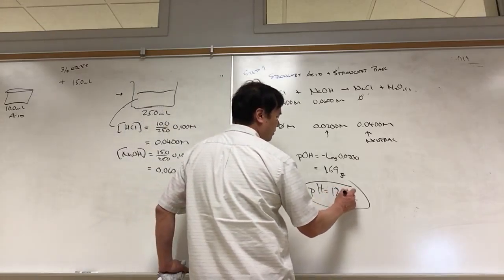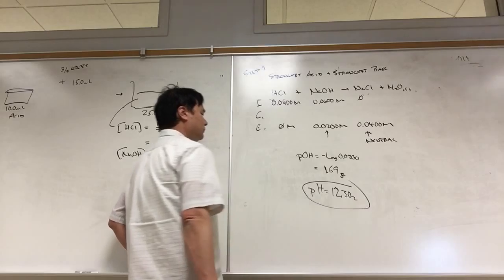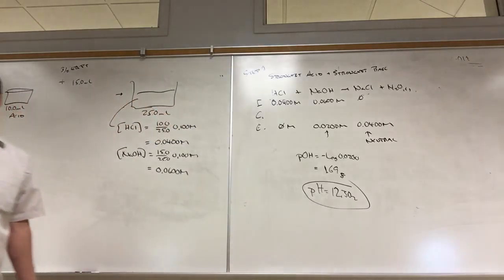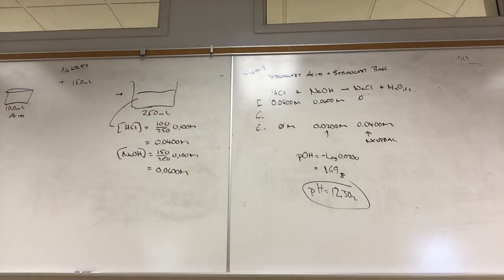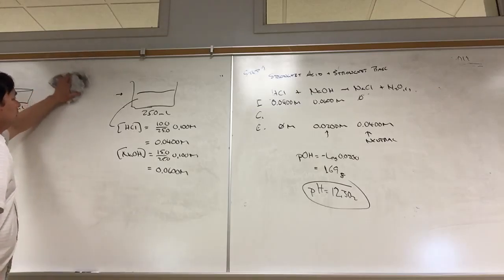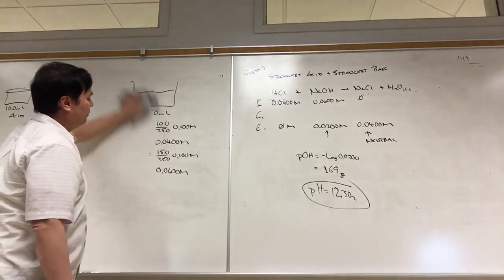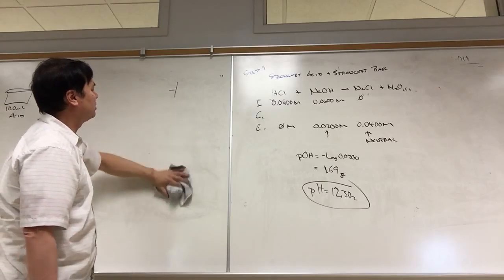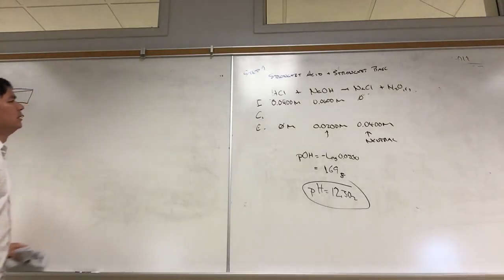Thanks, man. 12.302. The pH is very high. This is excess strong base, right? You expect a high pH for this excess sodium hydroxide. All right, so now we've got the half equivalence, the equivalence, and the 3/2 equivalence point mapped out.